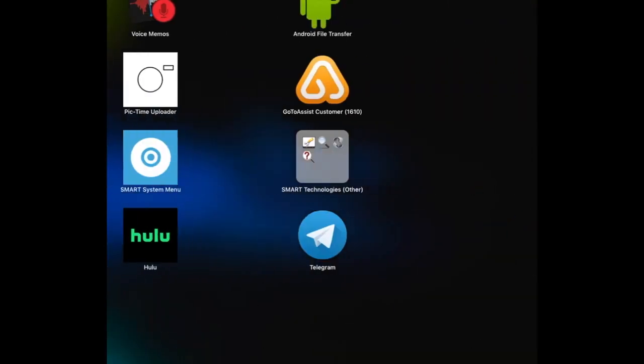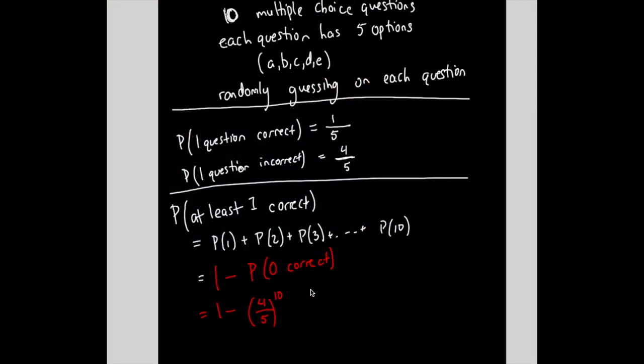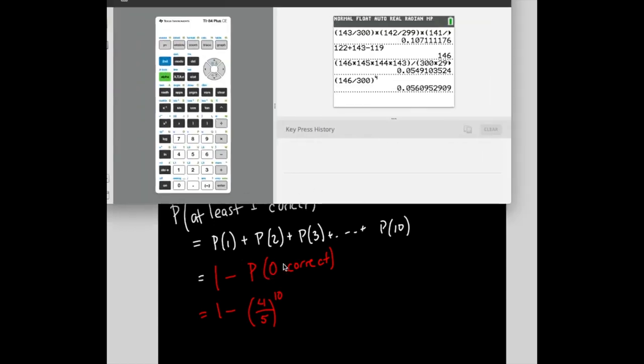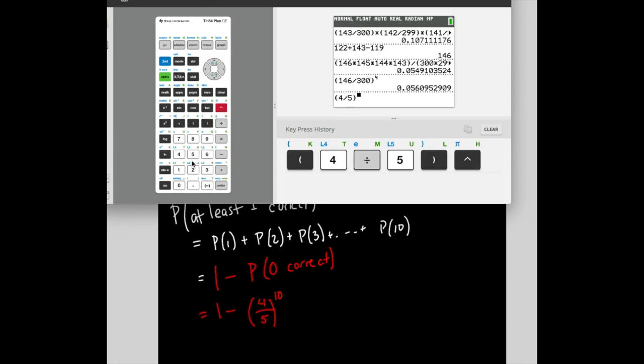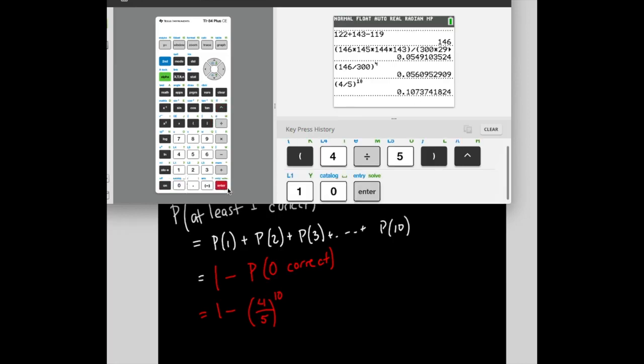The probability that I randomly guess on every single one and get them all wrong, I want 0 correct, is 4/5 to the 10th power. So 4 divided by 5 to the 10th power, right, is this part.